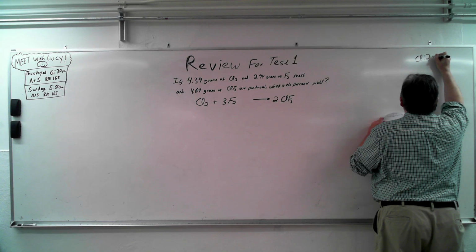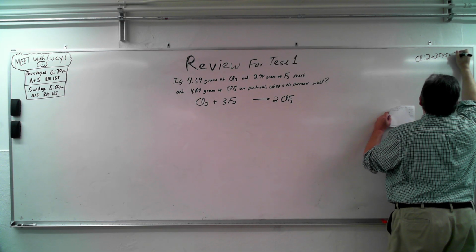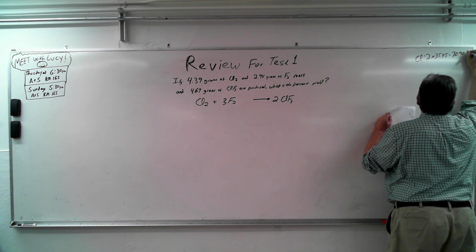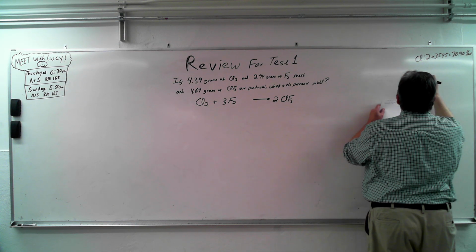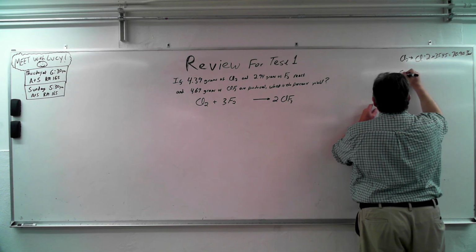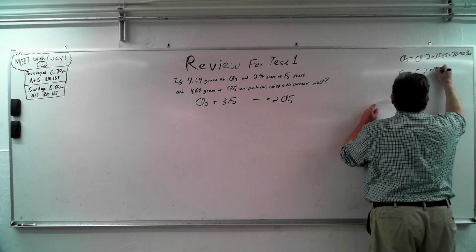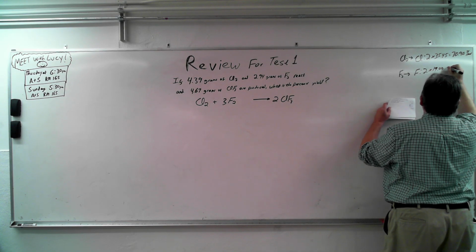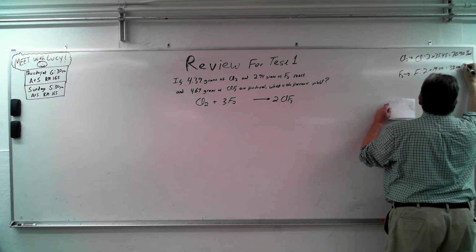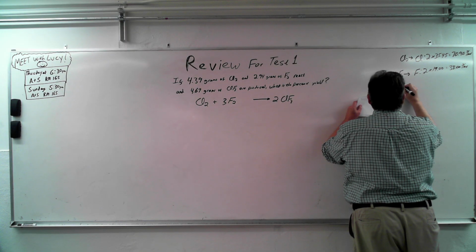Cl, there's two of them, times 35.45 in the periodic table, 70.90 grams per mole. This is Cl2. F2, there's two Fs, 19.00 from the periodic table. And then there's ClF3.